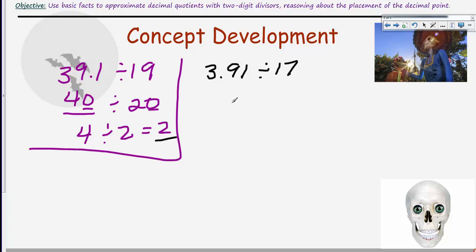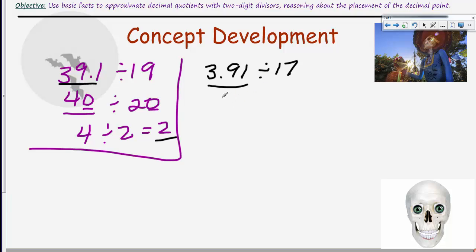Now think of the size of this dividend based on what we just did. We had 39.1, and now we have 3.91. Even though the digits are the same, it's 1/10 the size because the decimal place moved over one time. So the quotient we get here is going to be 1/10 of the size of the first one.